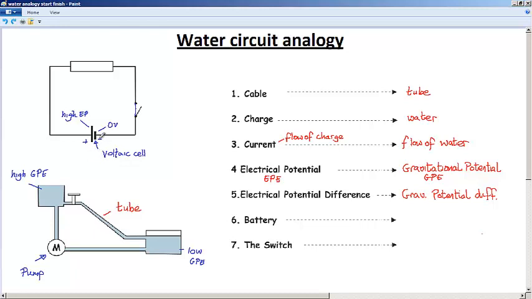It raises charge from a low electrical potential at 0 volts to a high electrical potential at the positive terminal. So let's make a note of that. That's the pump in the water circuit. And finally, the switch in the electrical circuit is clearly analogous to the tap in the water circuit.